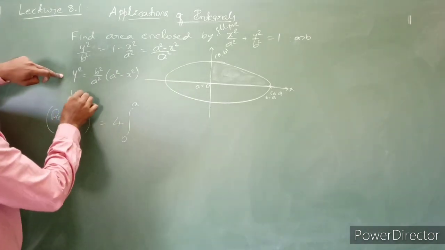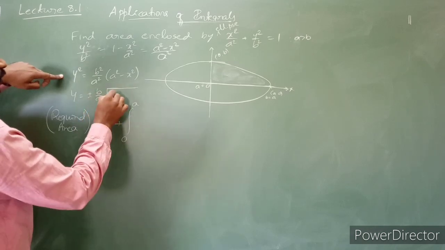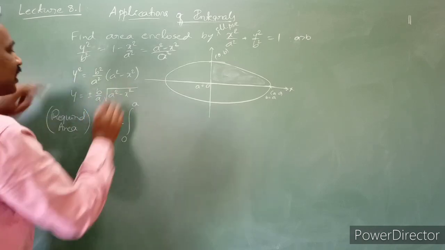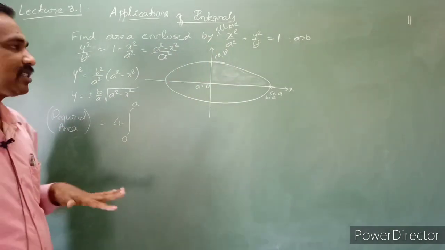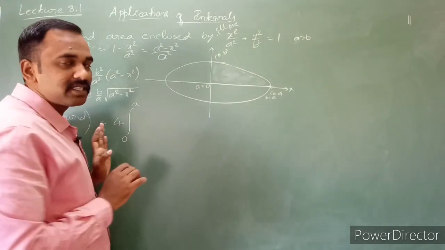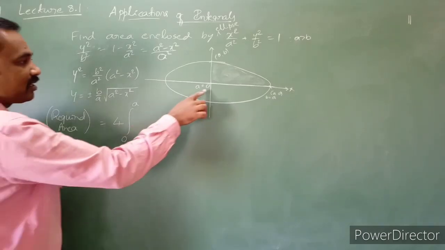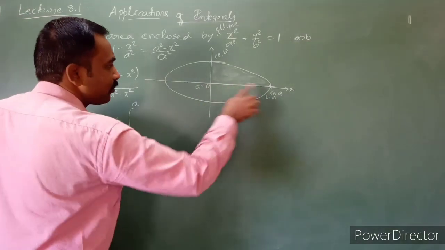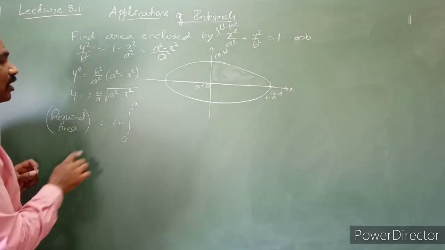Again, y is required. Y is equal to plus or minus b by a into root of a square minus x square. Are you clear? Very simple, we get y. Now leave the plus or minus, because I just consider the first quadrant, 4 times this area. That area goes from this point to this point, that is 0 to a, 4 times.